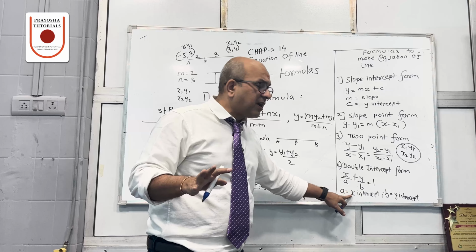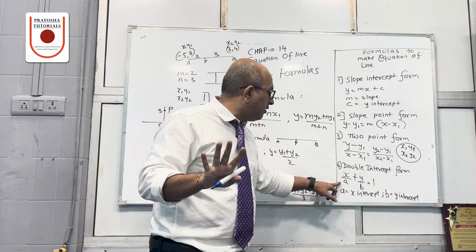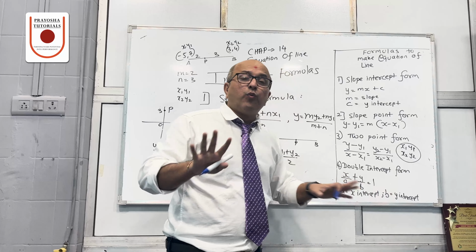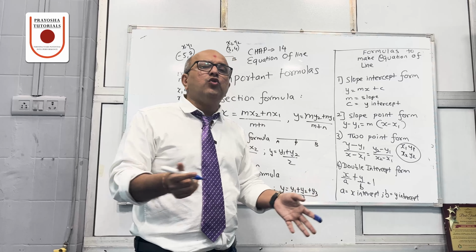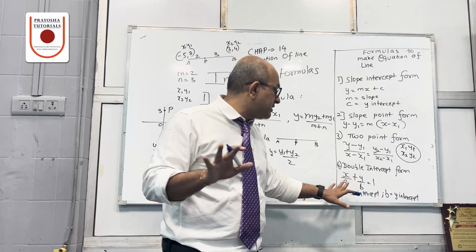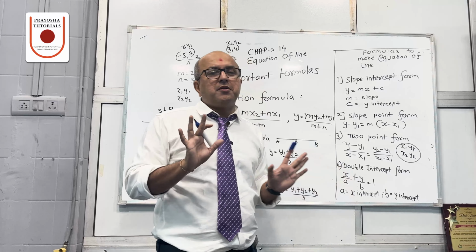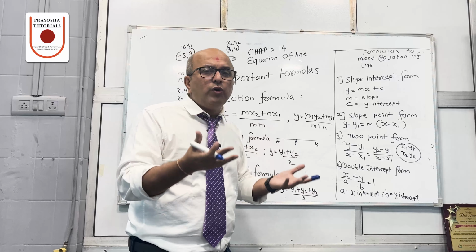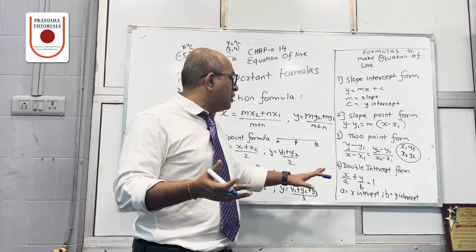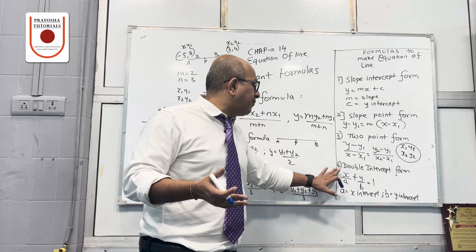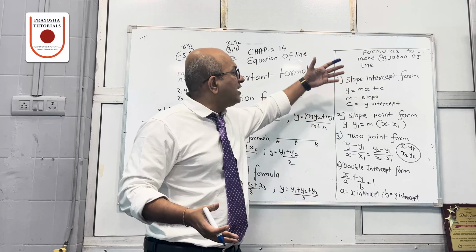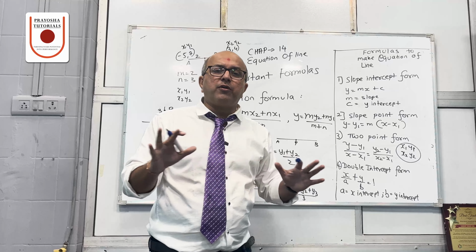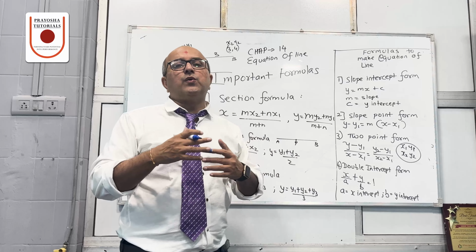So whatever x-intercept value you have, put it here. Whatever y-intercept value you have, put it here. And then to make an equation, you have to take the LCM in this. LCM becomes a very important part in this, which we will do in some sums later. So the fourth formula is x upon A plus y upon B is equal to 1. So like that, students, we did the most important formulas of the chapter, equation of a line.